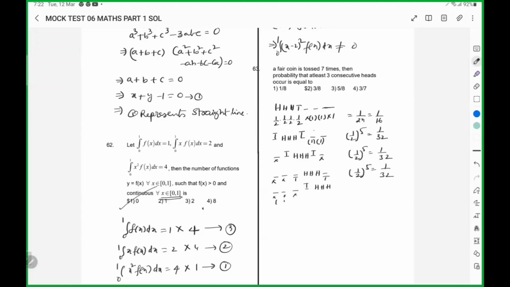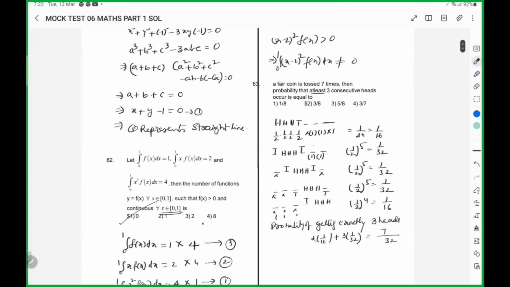Anything means one possibility. So half power 4, 1 by 16. So the probability of getting exactly 3 heads is 2 by 16 plus 3 times 1 by 32, which is 7 by 32.